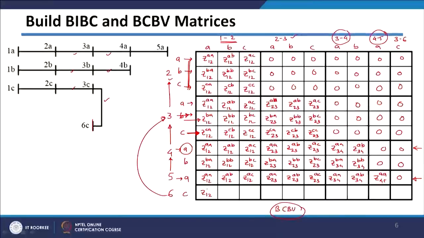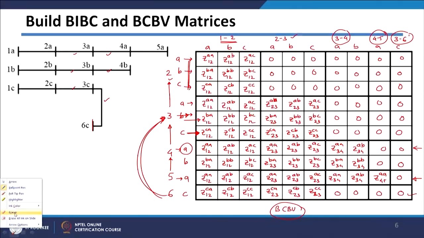So, Z 1 2 CA, Z 1 2 CB, Z 1 2 CC, Z 2 3 CA, Z 2 3 CB, Z 2 3 CC, 0 0 0 0, and since we are talking about the line between 3 and 6, this particular entry needs to be replaced by the impedance of 3 6, that is basically Z 3 6.